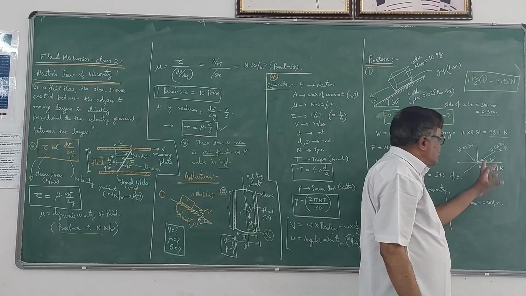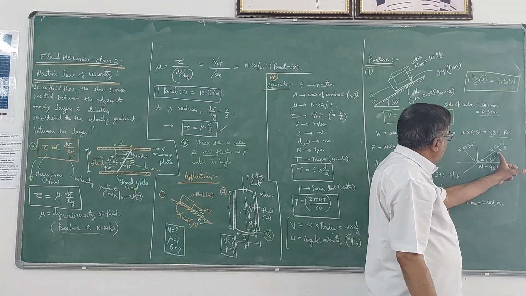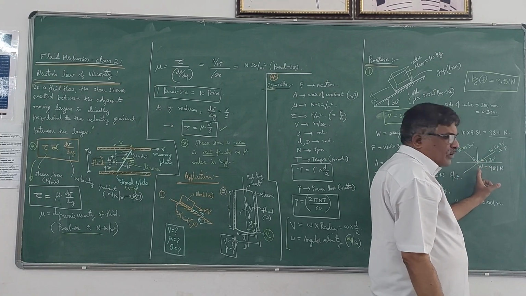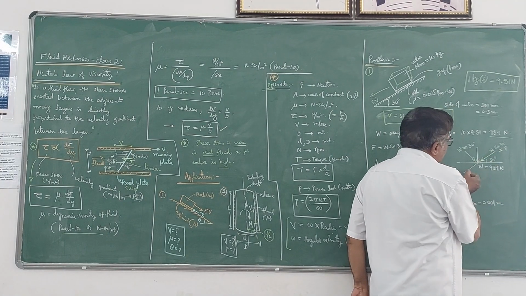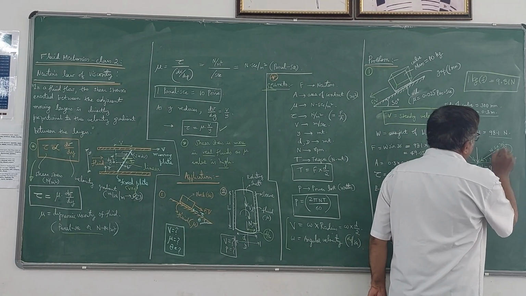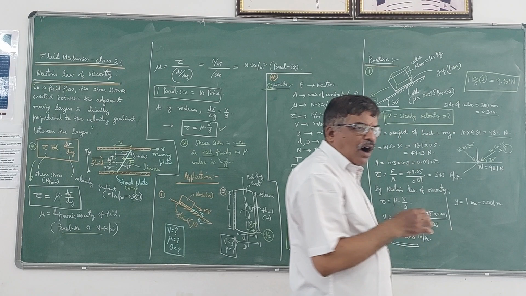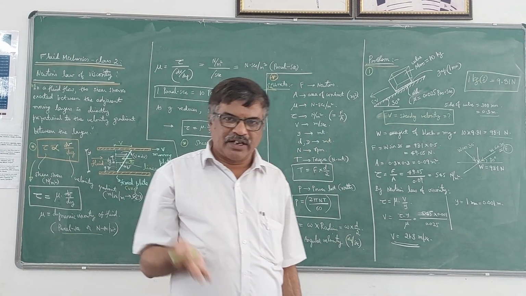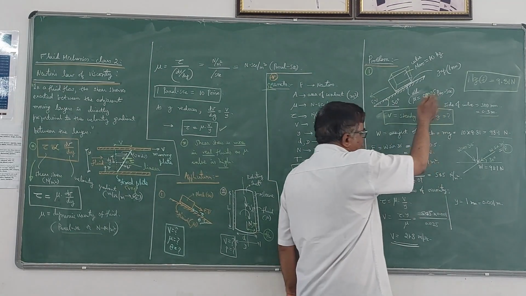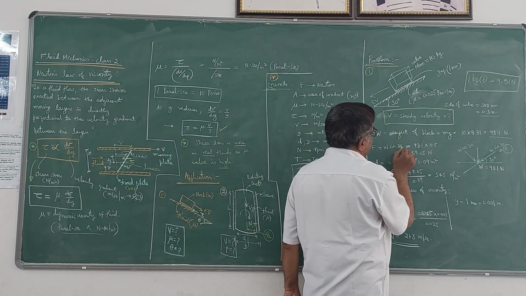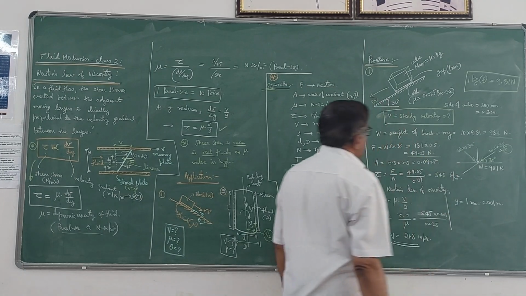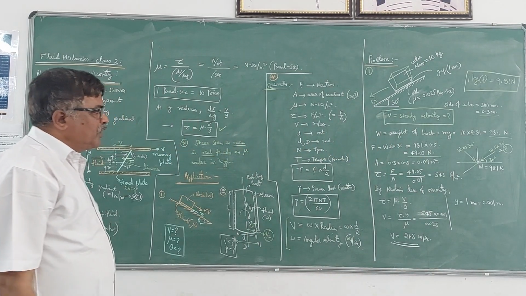So we have to resolve W into two components, one parallel to the plane and another perpendicular to the plane. Parallel to the plane, this angle is 30 degrees, so F becomes W sin 30 or W cos 60. Both are the same. That is the force with which the block starts moving. W sin 30 is 0.5, so F becomes 49.05 Newton.